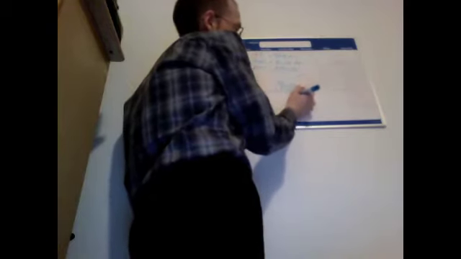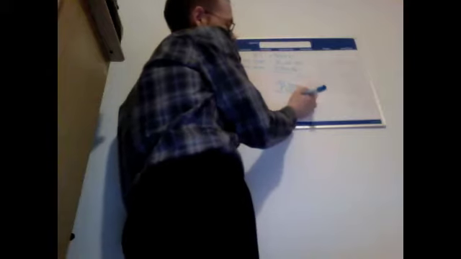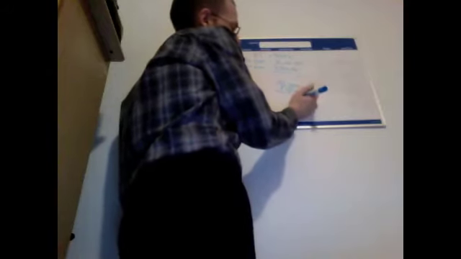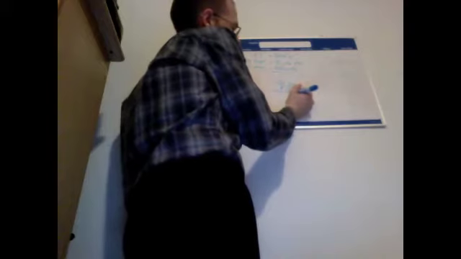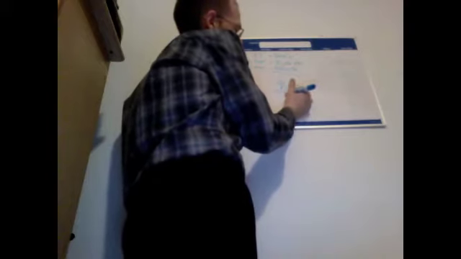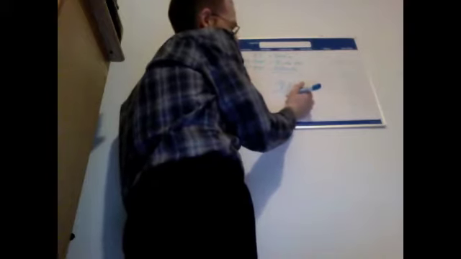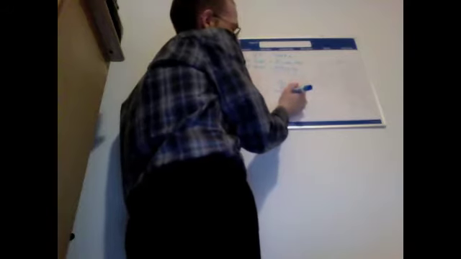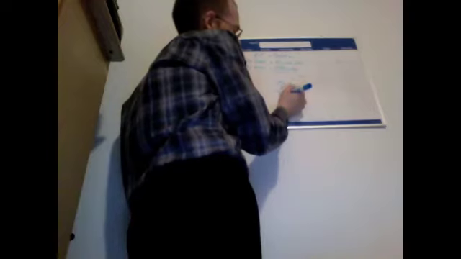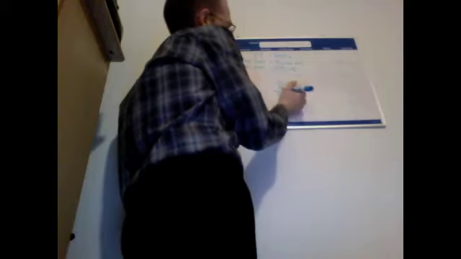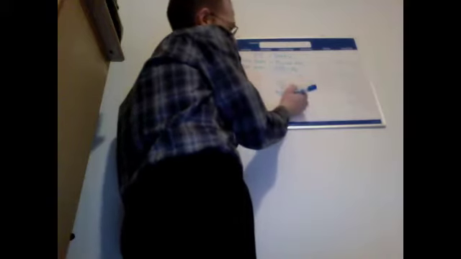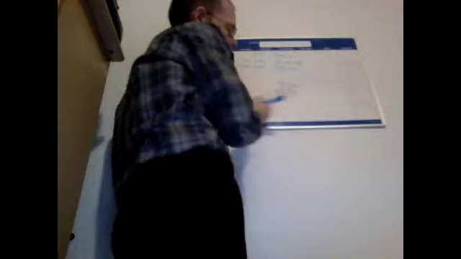So 10 minus 5 is 5. 9 minus 8 is 1. 9 minus 5 is 4. 11, or 10 minus 8 is 2. And I believe that would come out to be 92,415 if I've done my math correctly.